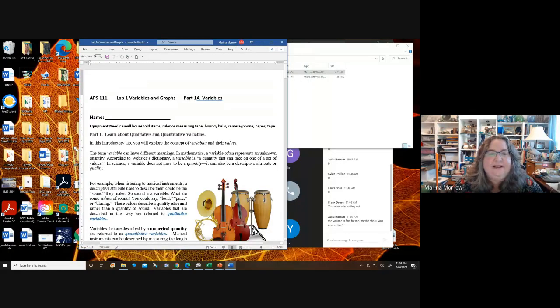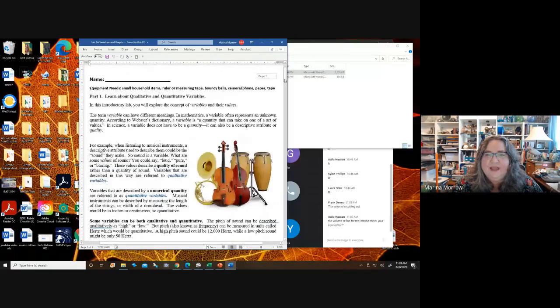Okay, so in this lab, there's an introduction to the idea of variables. Usually when we think of variables, we think X, Y, that sort of thing. But a variable can stand for many things. In fact, the definition of a variable is a quantity that can take on a set of values. That's why we can say X and Y in mathematical equations, but also in science we have variables.